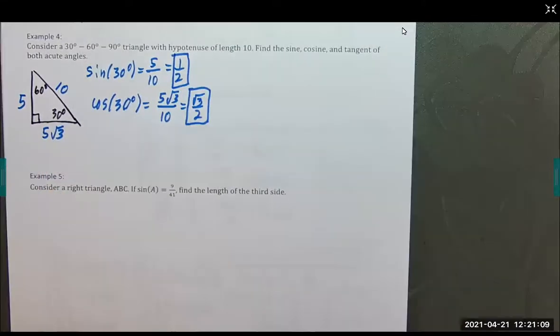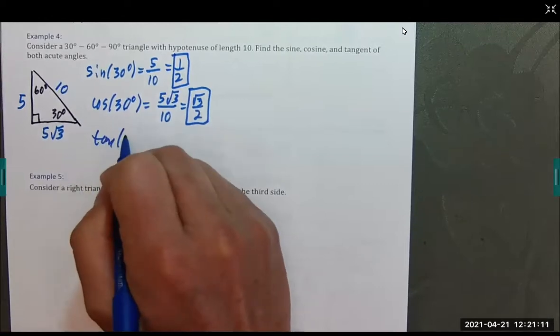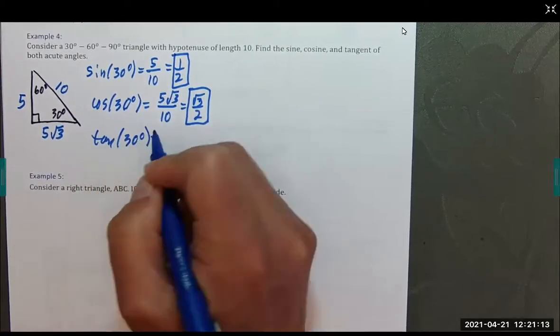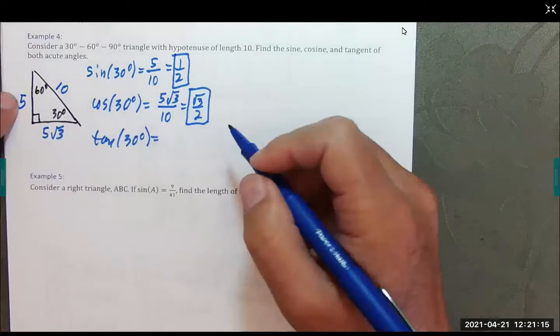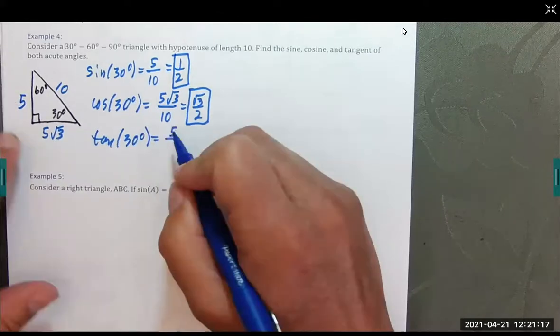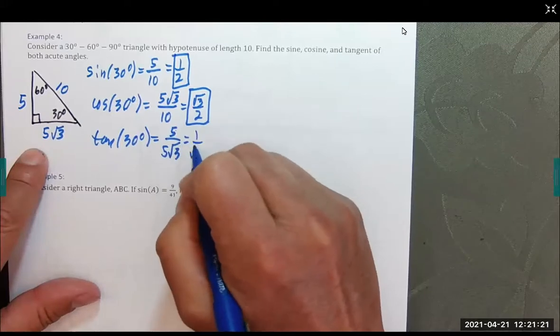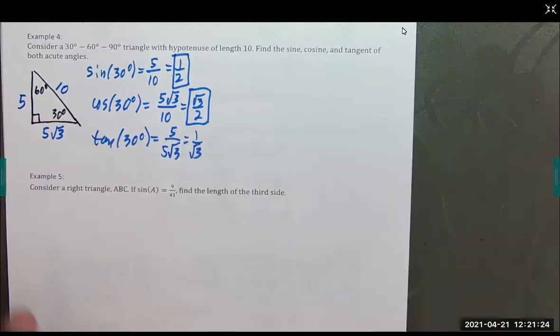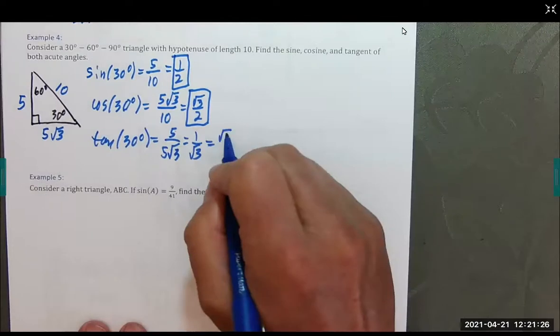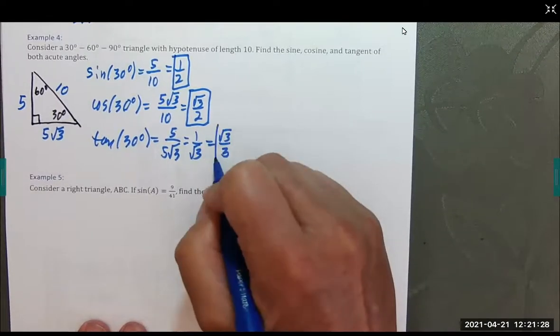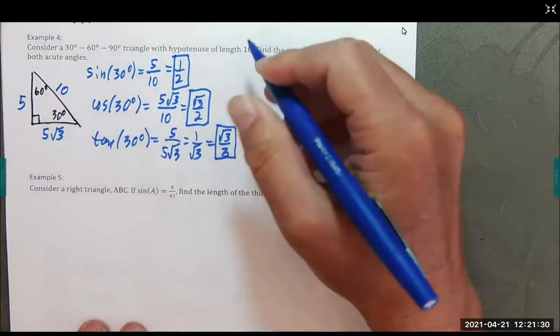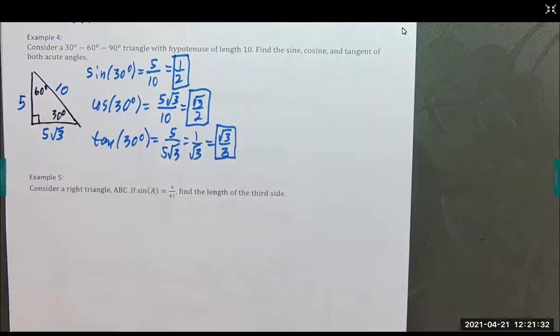The tangent of 30 degrees, here's 30 degrees, is the opposite over the adjacent, and if I rationalize that denominator, that looks like this, root 3 over 3. You have to see what your teacher says about that. Some teachers make you rationalize it, some don't.